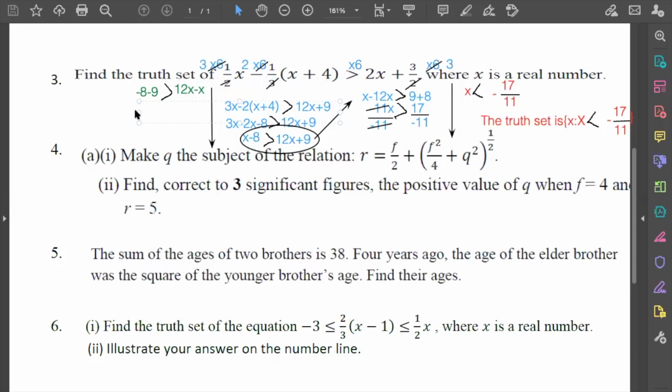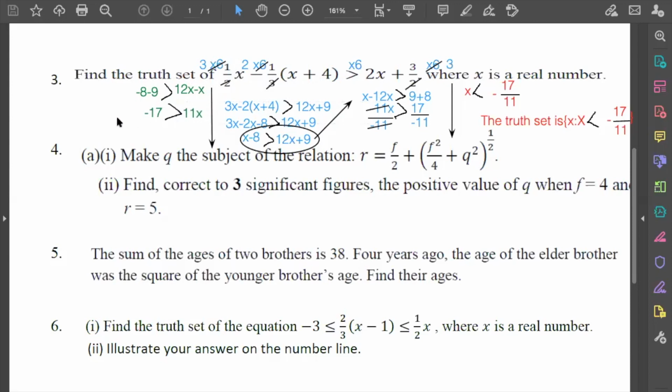Are we okay? Yes, sir. So I have negative 17, which is greater than. Now, what do I have for 12x minus x? 11x. Are you okay? So I have 11x here.